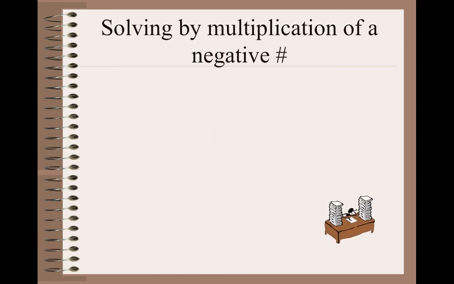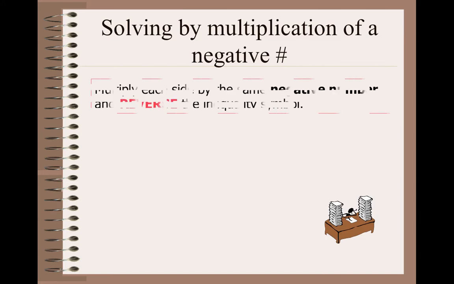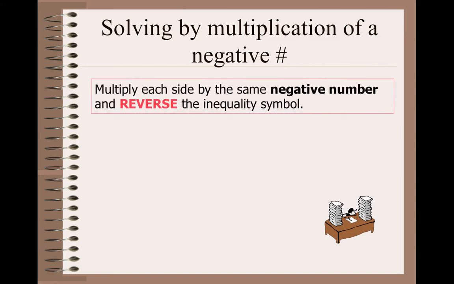Okay, solving by multiplication of a negative number. In this case, multiply each side by the negative number and reverse the inequality symbol. So, negative x is less than 4. Multiply it by negative 1, the multiplication property of equality.